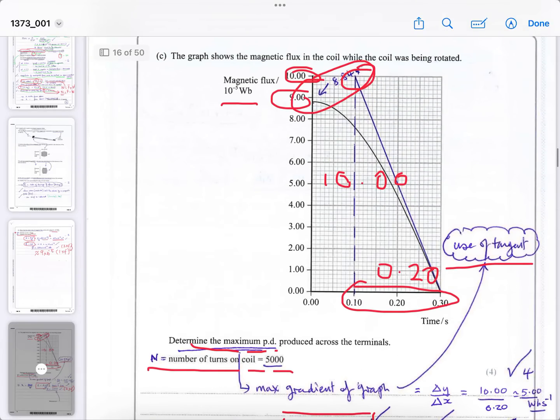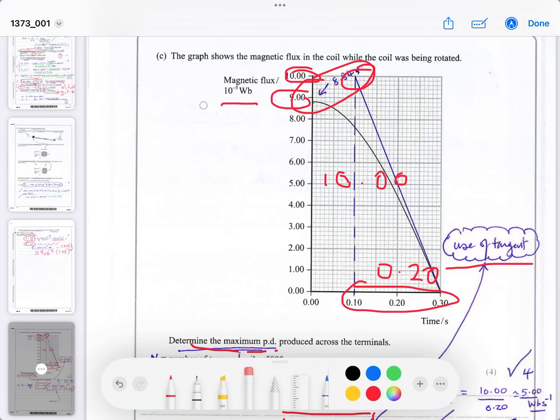So here you see this is phi, this is t, so the rate of change of phi against time is the gradient, d phi by dt.